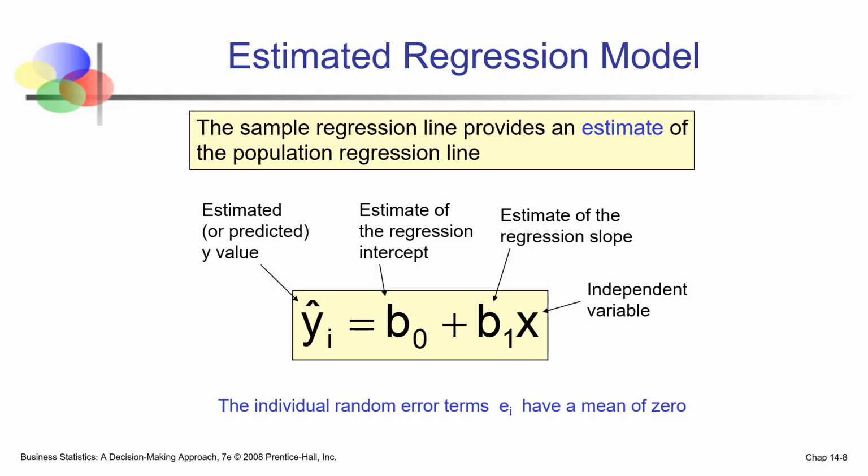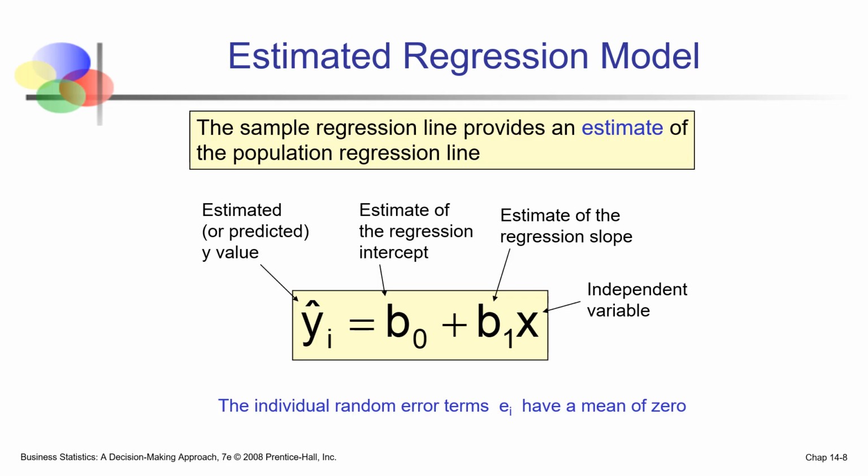We can also use a plus bx, and to avoid b naught or b1, you can easily change the notation and replace b naught with a. Right now we are understanding the basic concept: we have one independent and one dependent variable, so we can say it's a simple linear regression model.